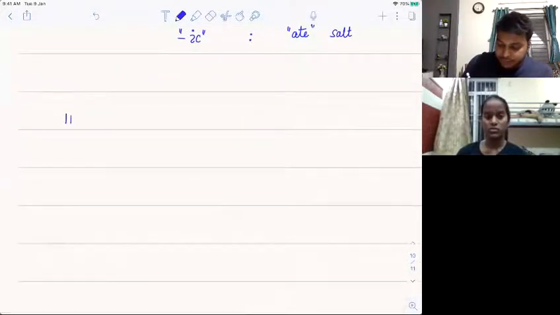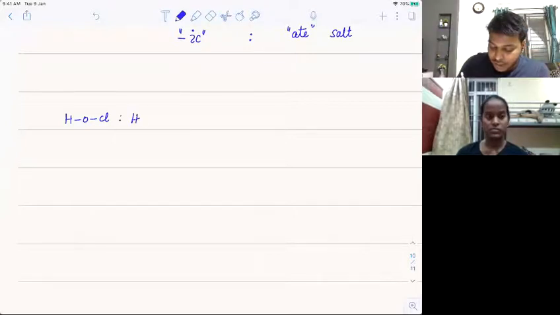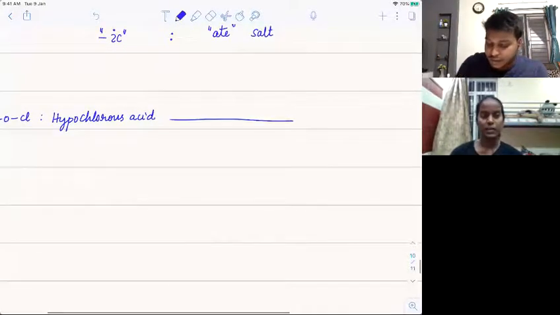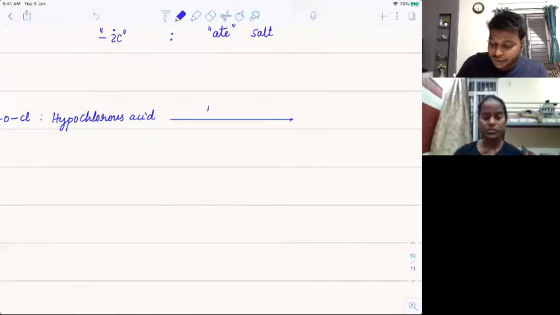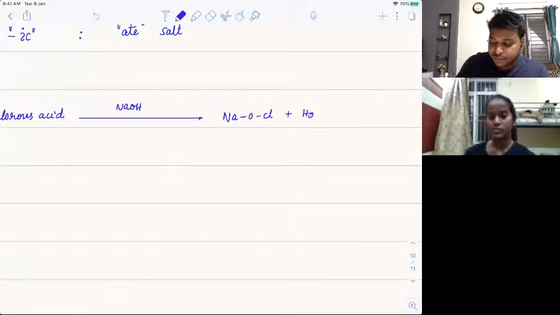For example, if you have HOCl, we just learned that HOCl is hypochlorous acid, right? Suppose it was reacted with NaOH and it would form a salt, NaOCl, plus H2O.